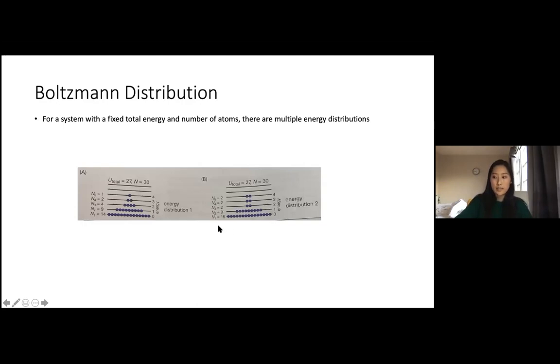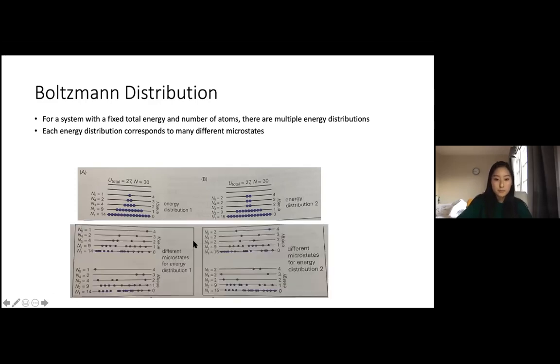These are some examples of energy distributions for a system with a total energy of 27 and a total number of 30 molecules. Obviously, these are just 2 examples, but of course there are many more distributions. And then each energy distribution corresponds to many different microstates, right?